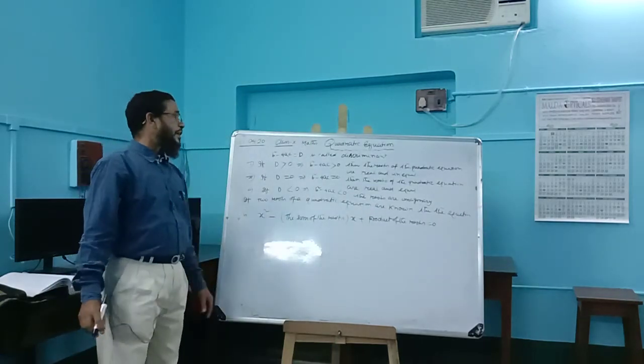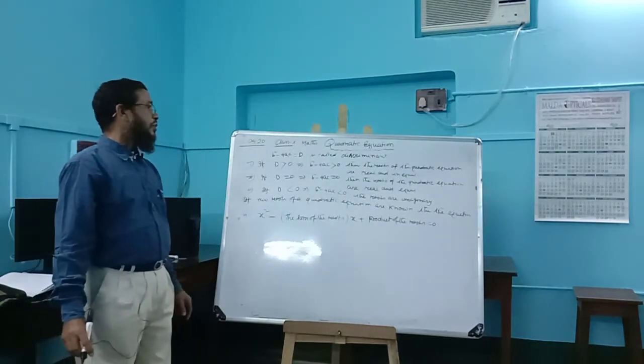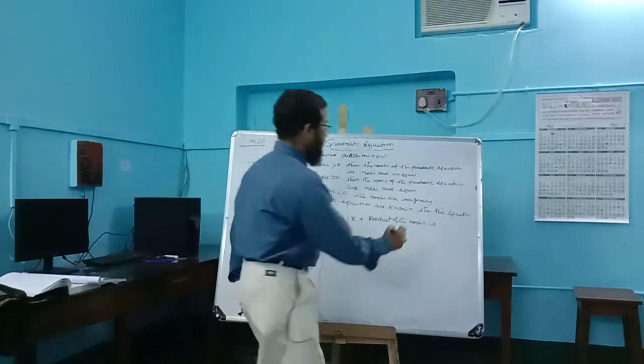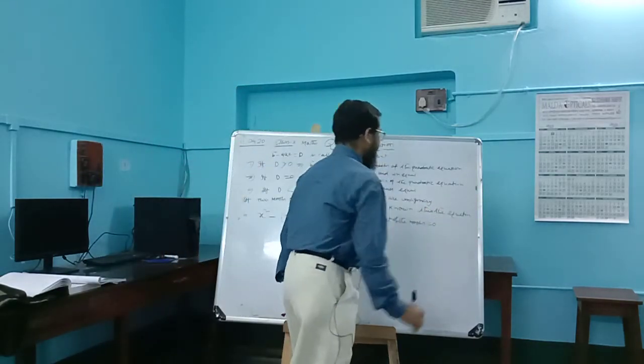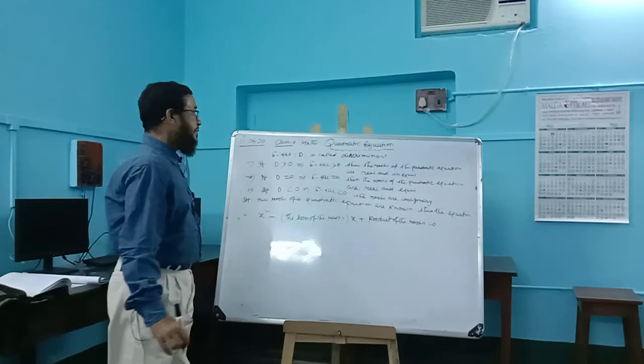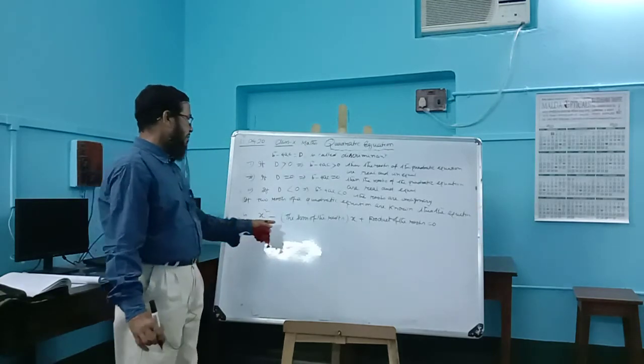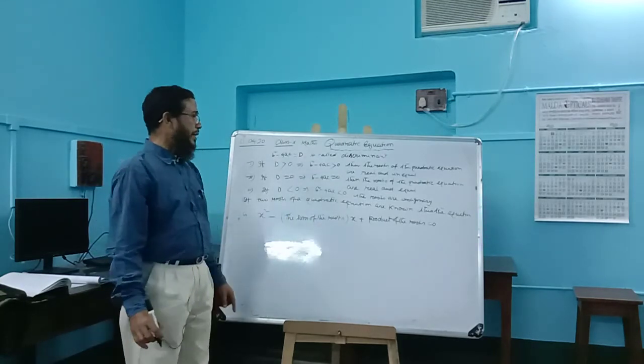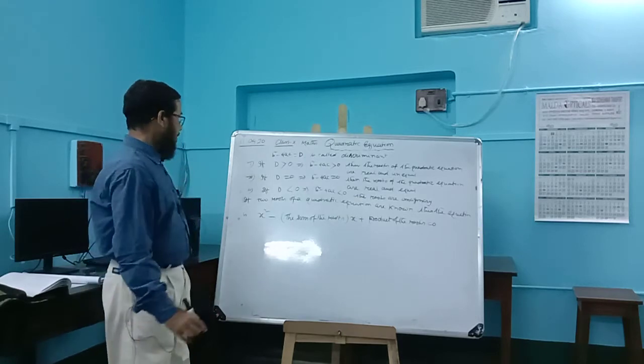If two roots of a quadratic equation are known, then the quadratic equation is x square minus the sum of the roots into x plus the product of the roots.